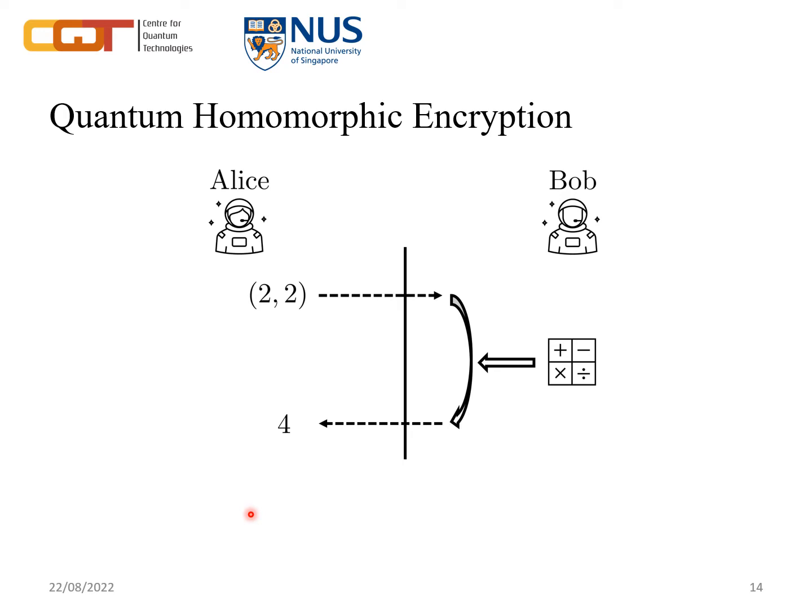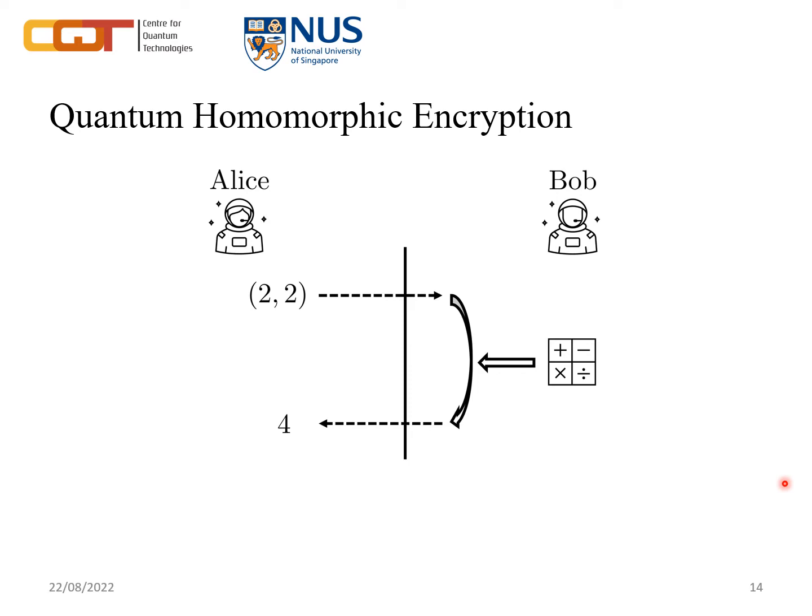Here is a concrete example of what an honest Alice's output can indicate. Consider a protocol in which Alice inputs two numbers to a quantum homomorphic encryption scheme, and Bob performs arithmetic operations.